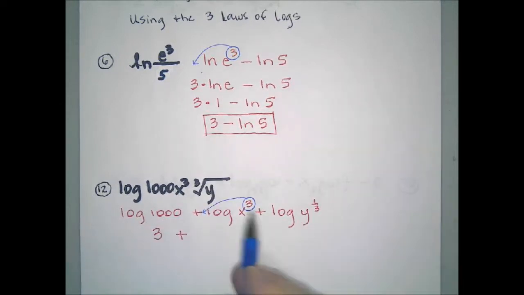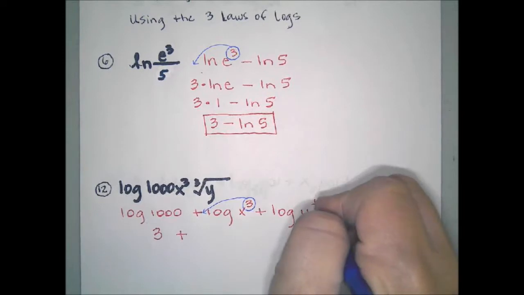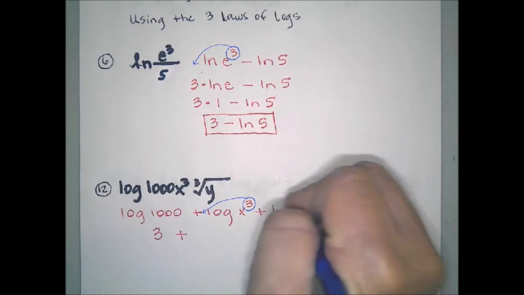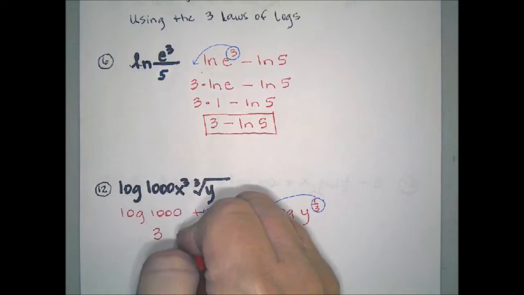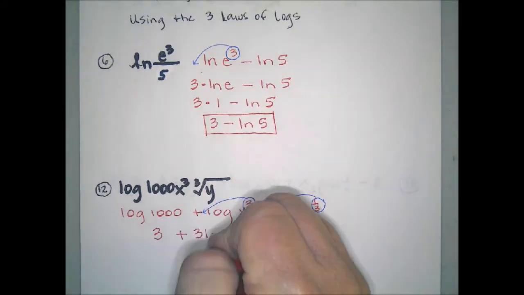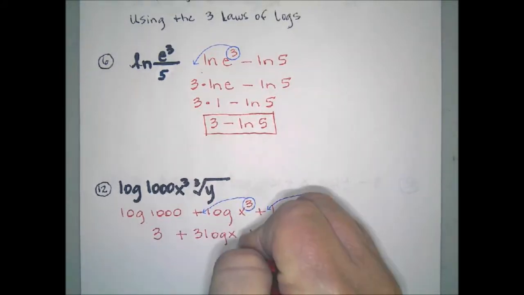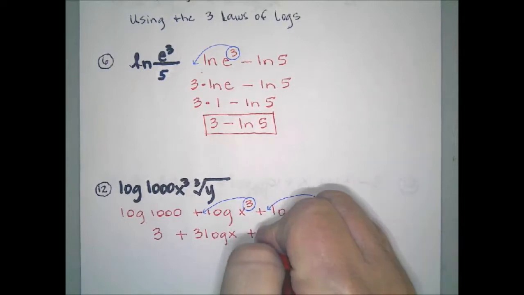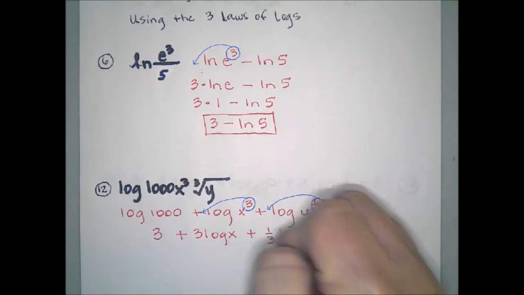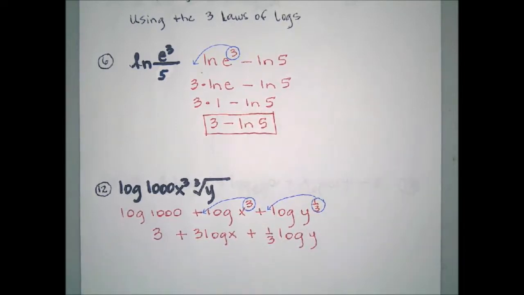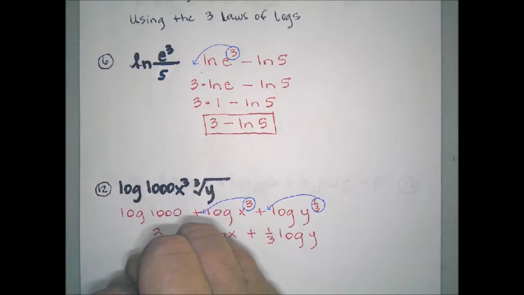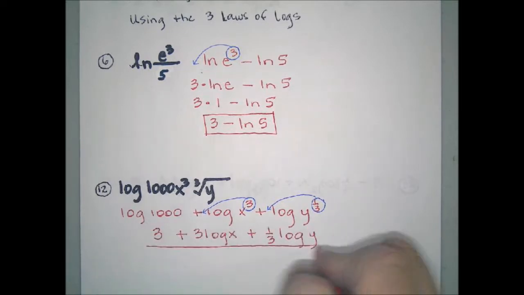And as long as I'm doing it there, I might as well do it here too. So finishing off the rest of the expression, this would be 3 times log x plus 1/3 times the log of y. And that would be our answer.